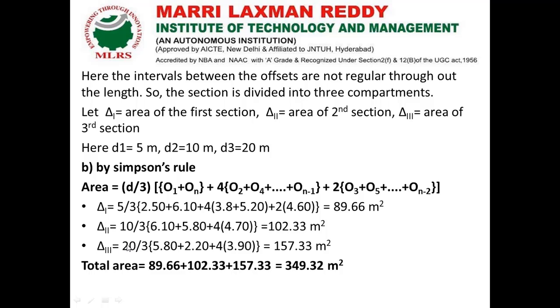For the third portion the distance is 20 meter, and I am getting an area of 157.33 meters square. By adding all these three, I am getting the answer of 349.32 meters square. This is the area I have got by using Simpson's rule.